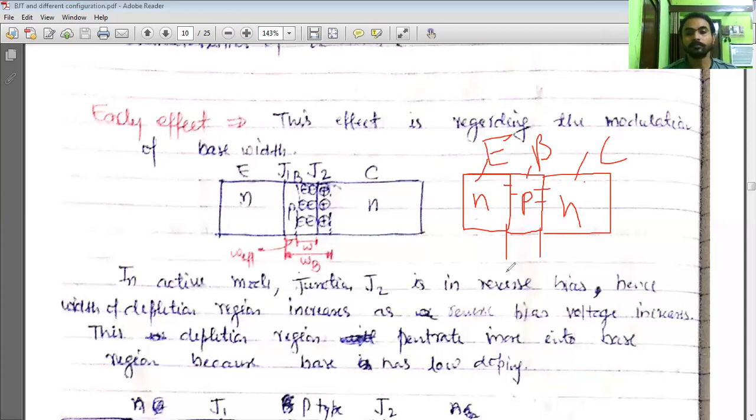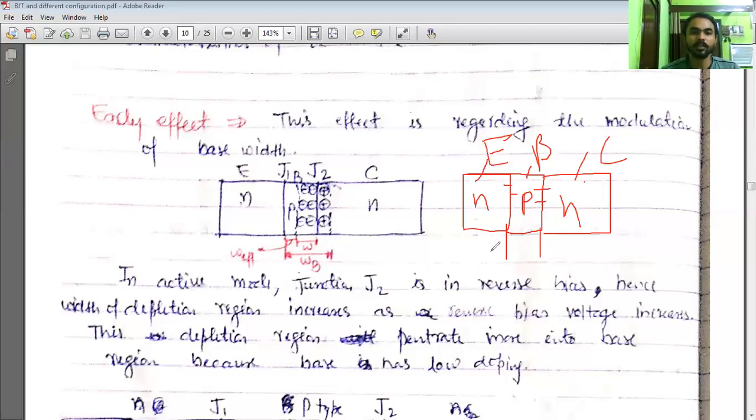Now, what happens when you increase VCB? VCB is the reverse bias voltage, the output voltage. When you increase the reverse bias voltage, the width of the depletion layer will increase.